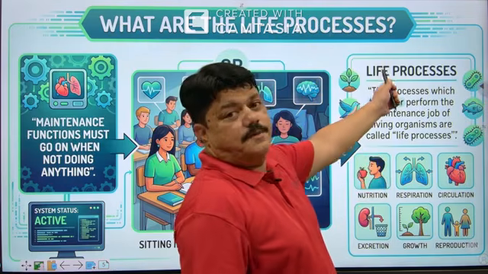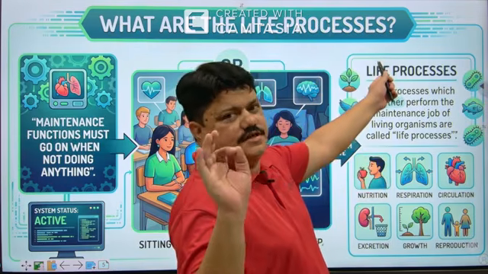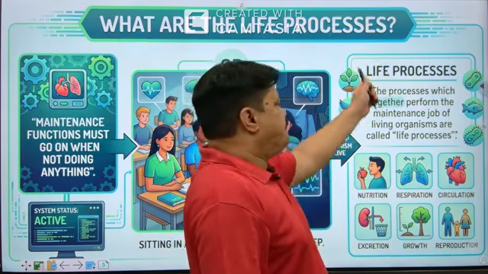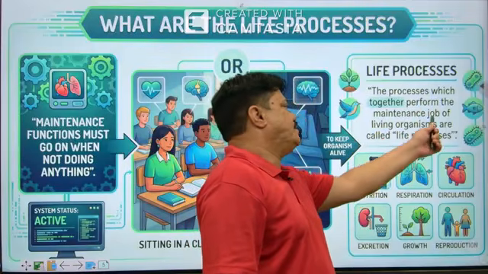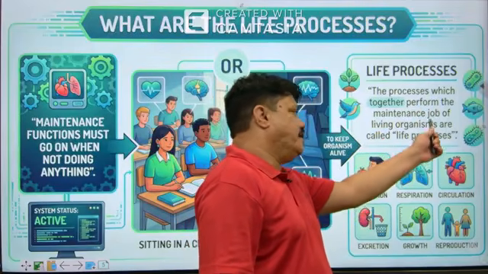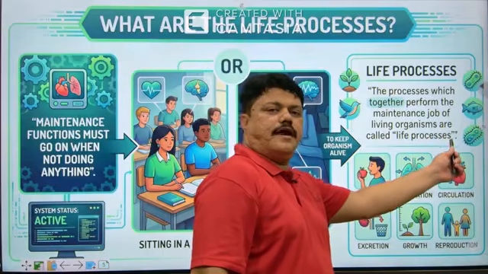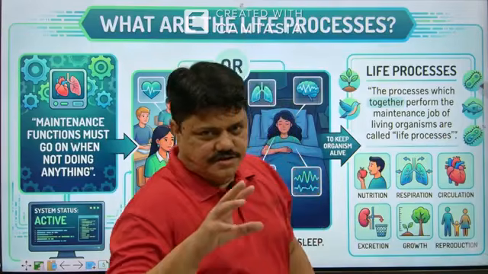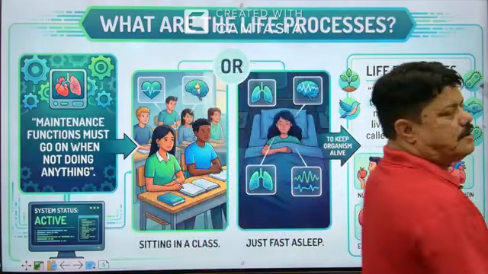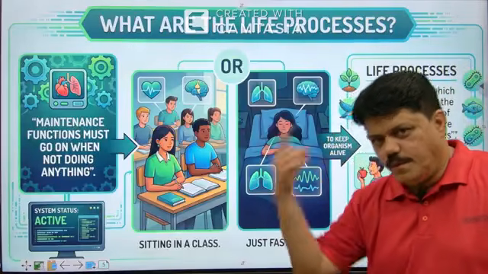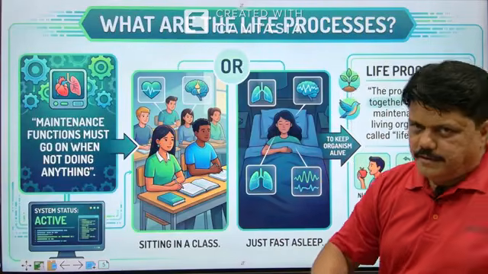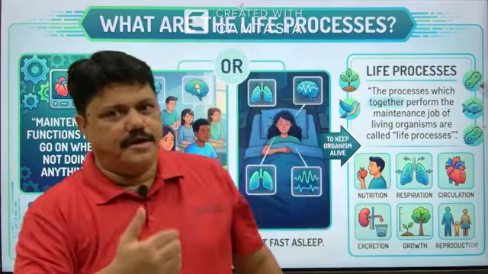So we can define life processes as the processes which together perform the maintenance job of living organisms. These processes altogether perform the maintenance job to overcome damage and breakdown, for repairing purposes.